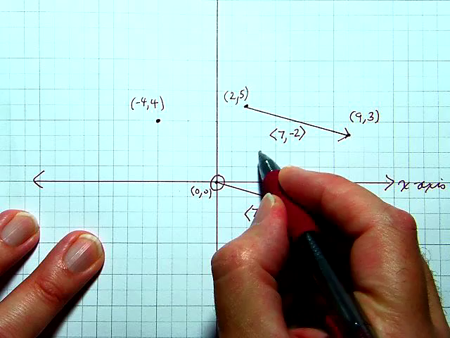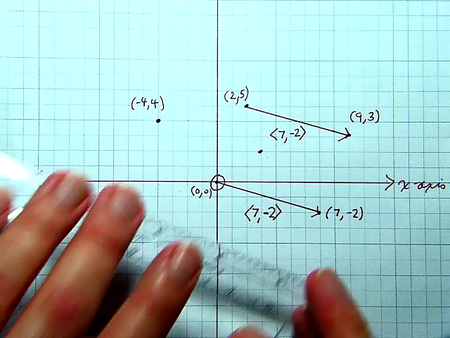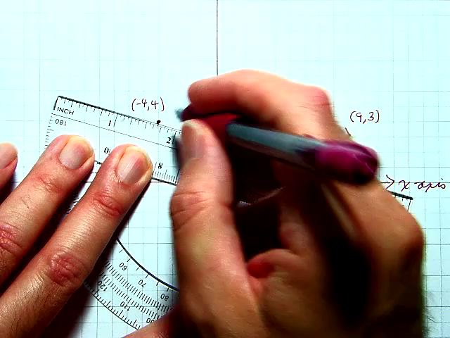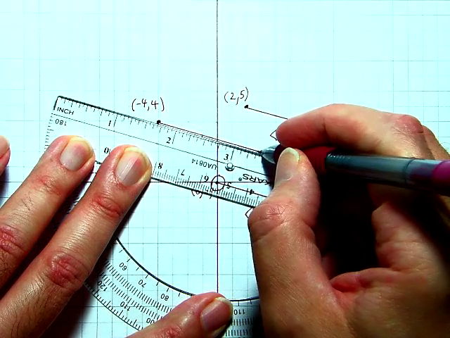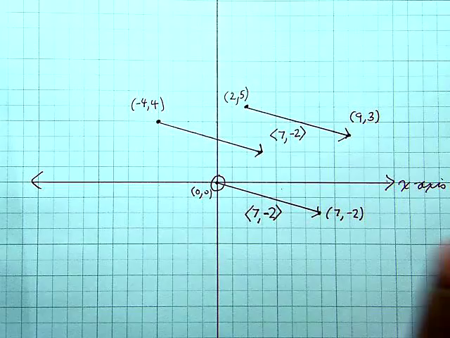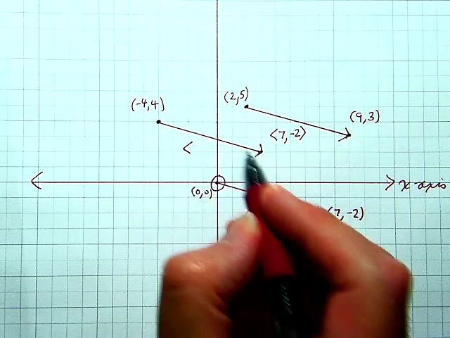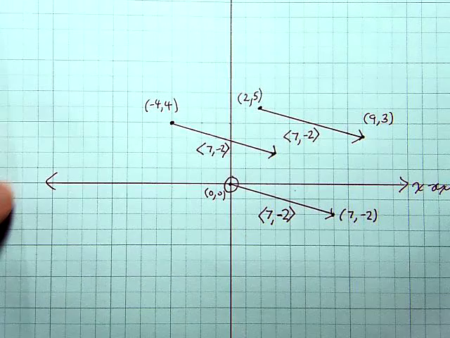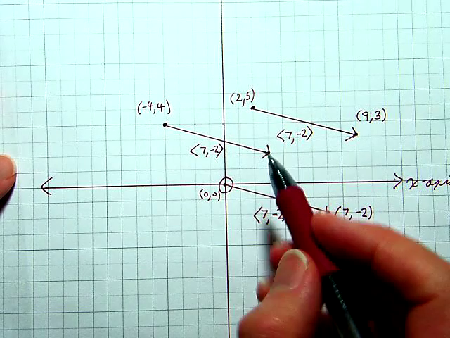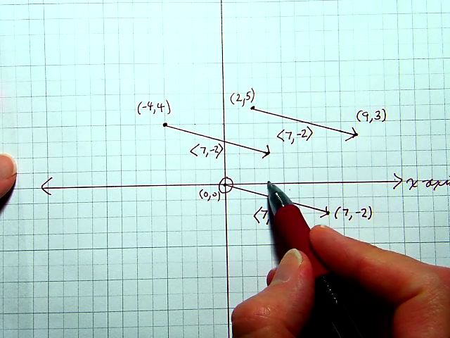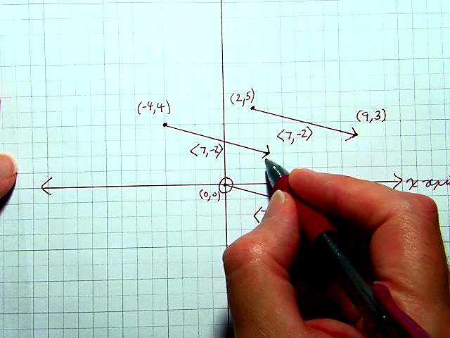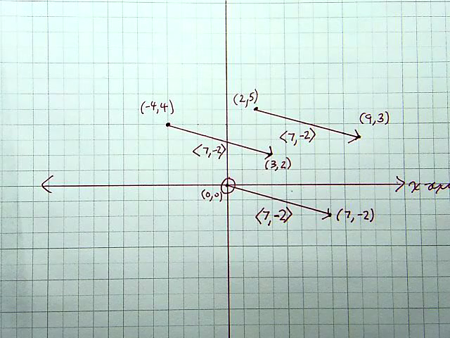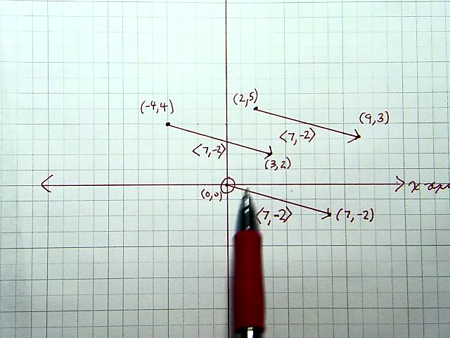And this is where the vector would end. Let's draw this arrow. This vector is also ⟨7, -2⟩, but it has a starting point of (-4, 4), and it ends up at point (3, 2). And you'll notice this is also parallel to these other two vectors.